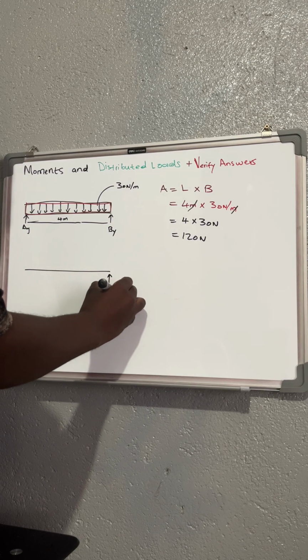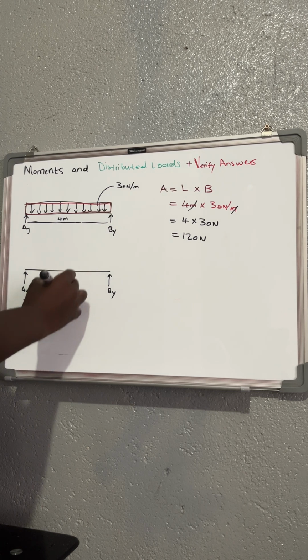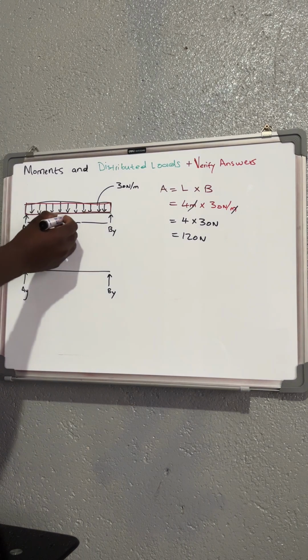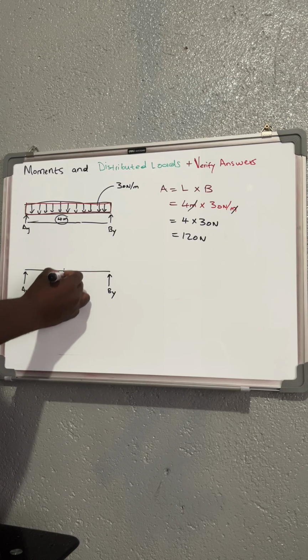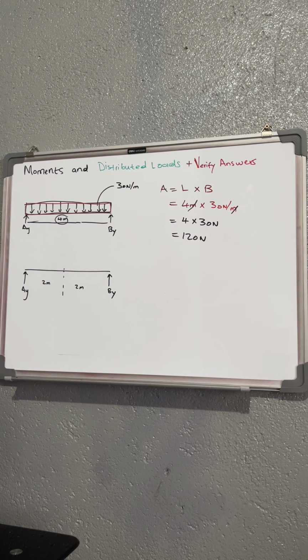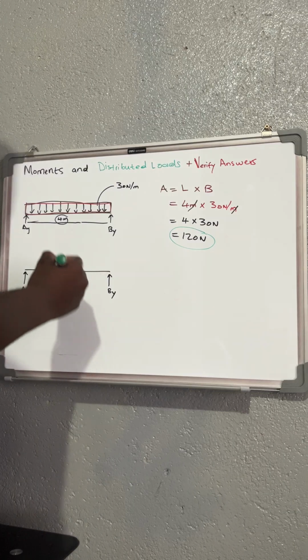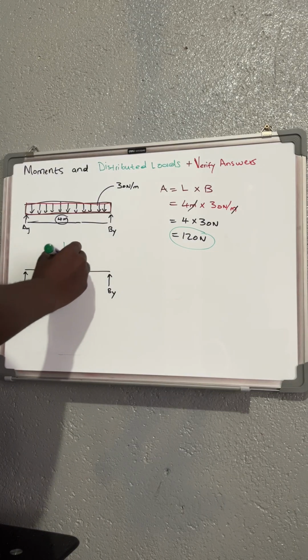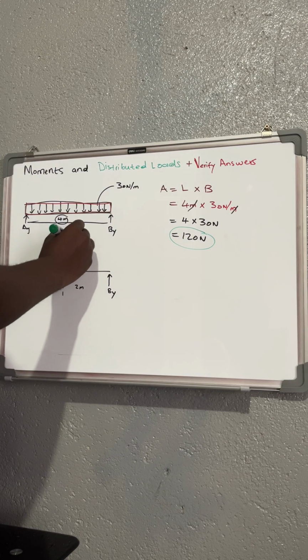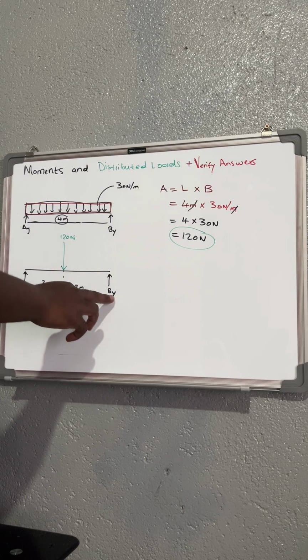We have our BY on this side and we have our AY. We're going to check that we have 4 underneath, then half of 4 is 2 meters, and exactly in the middle is where we're going to put that load of ours, which is 120 Newton. Then you can calculate the sum of your forces around A and the sum of your forces around B to find your AY and BY.